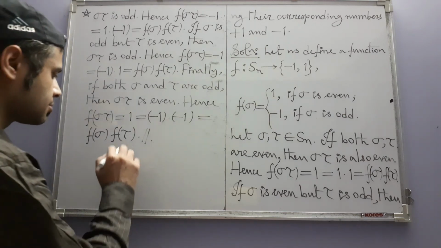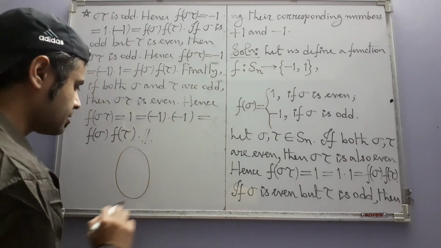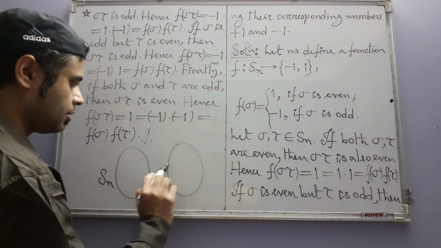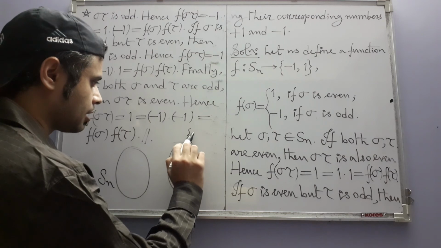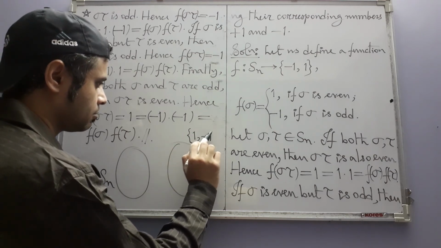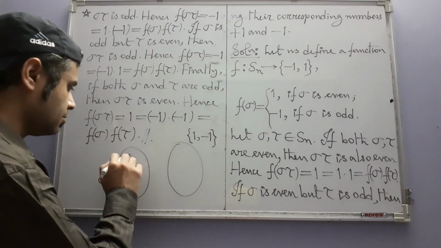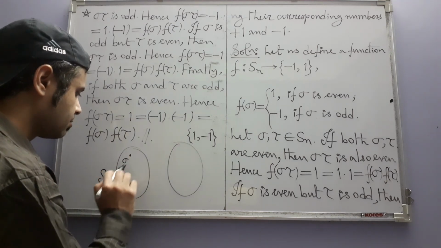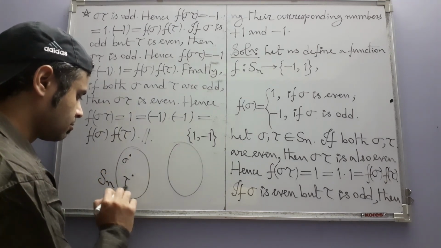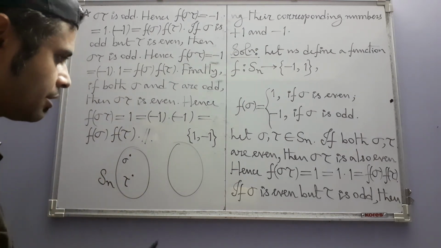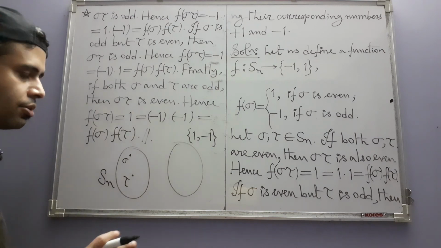In what sense? Say this is your Sn and this is your other group. Now you have two elements in Sn. We are not saying whether they are even or odd or whatever.